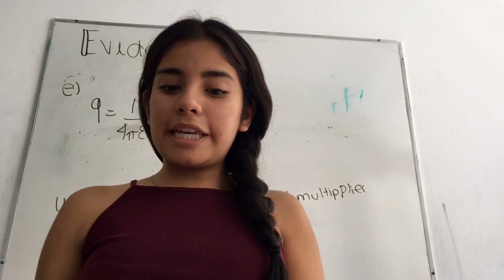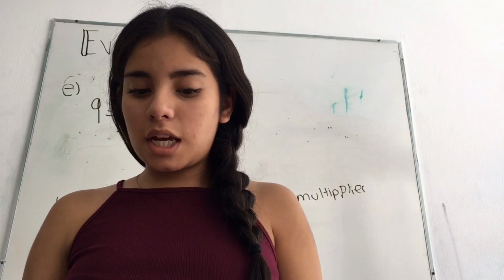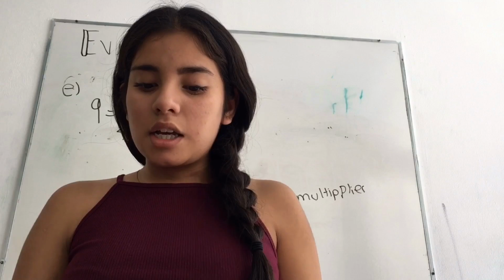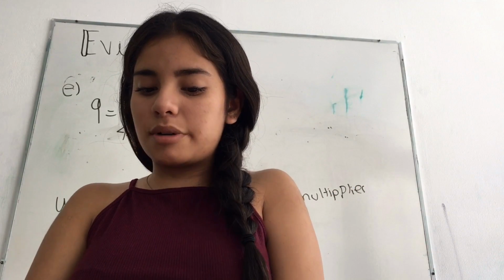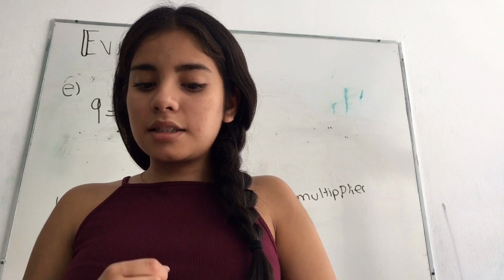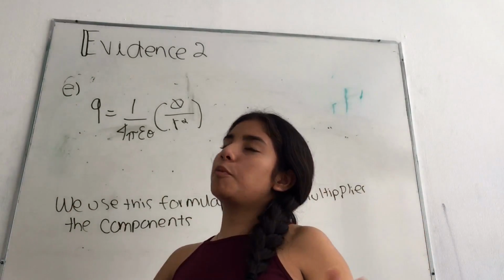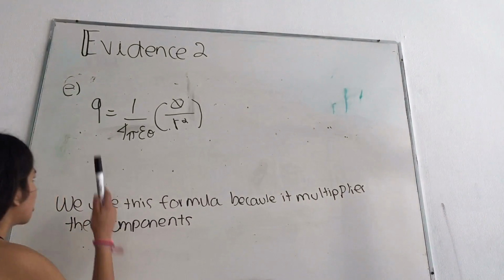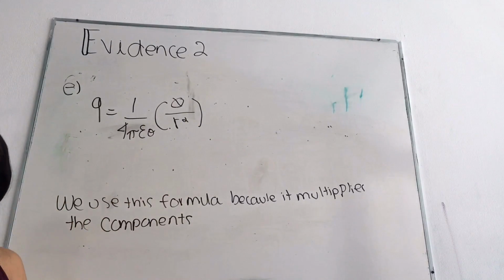The problem number E says, applying Gauss's law demonstrate that the field outside a charged solid sphere, remember that Q is equal to the total charge of the sphere, at a distance r from the center, has the following formula. Here, we just have to put the formula, that is, the field is equal to 1 over 4π epsilon 0 times charge over radius squared.